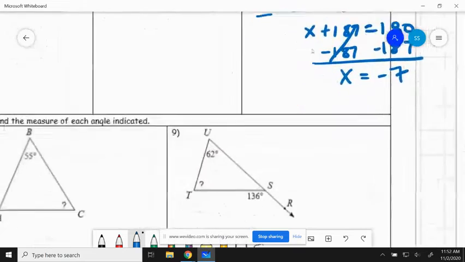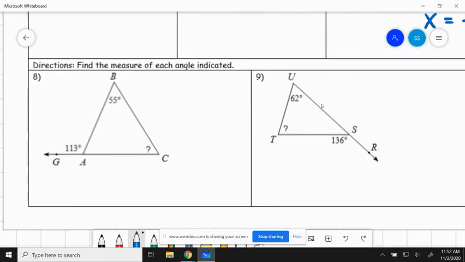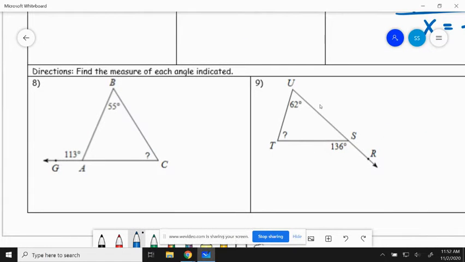All right, moving on. 8 and 9, find the measure of the angle indicated. So we need to recognize that these two angles here add up to equal this exterior angle. Okay, so these remote interior angles add up to equal this exterior angle.